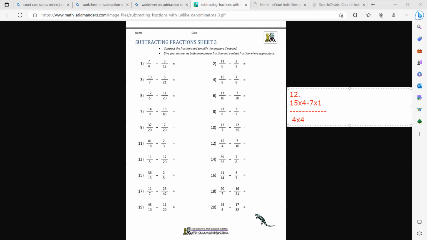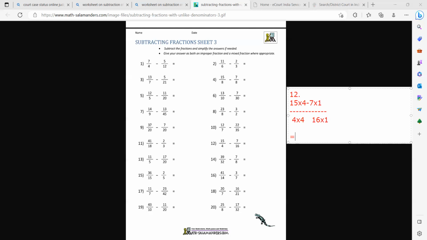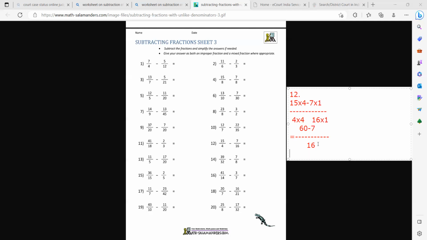And 16 into 1. The LCM will be 16. 15 into 4 is 60 minus 7. Then what we have? Equal to 53 by 16.